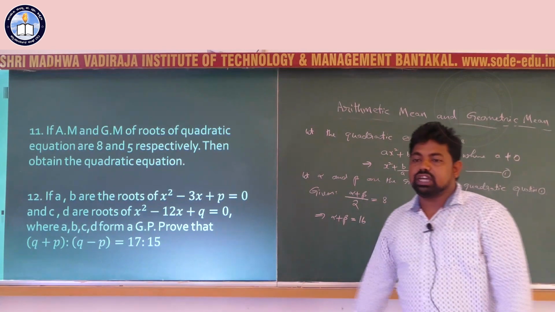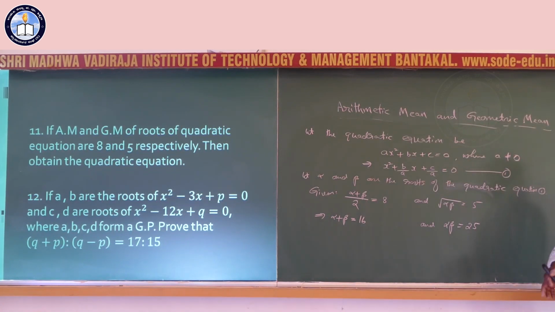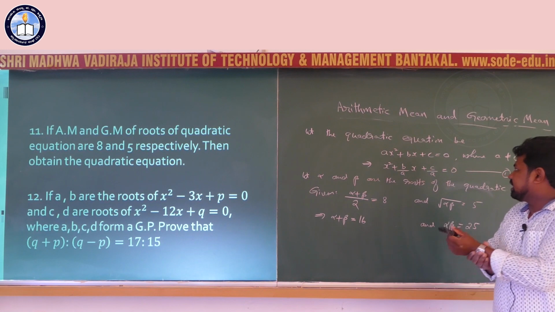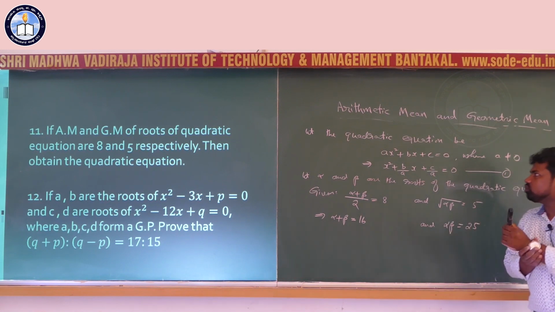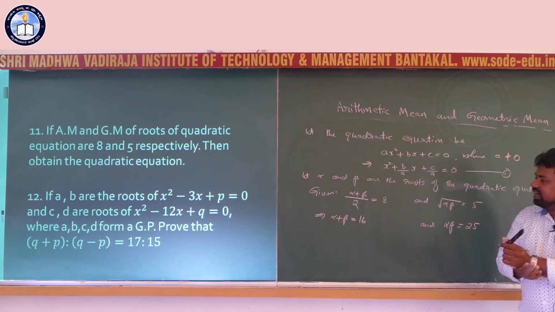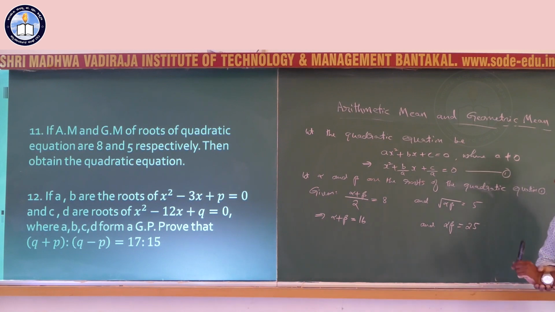In high school level, we know the relationship between roots of a quadratic equation and coefficients of a quadratic equation. Suppose ax square plus bx plus c equal to 0 is a quadratic equation and alpha and beta are the roots of it, then alpha plus beta equal to minus b by a and alpha into beta equal to c by a.